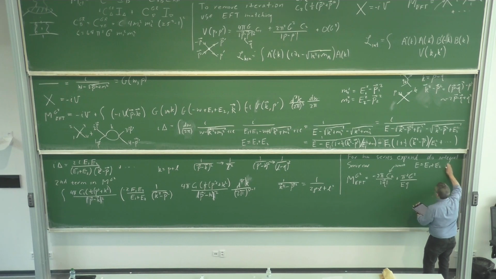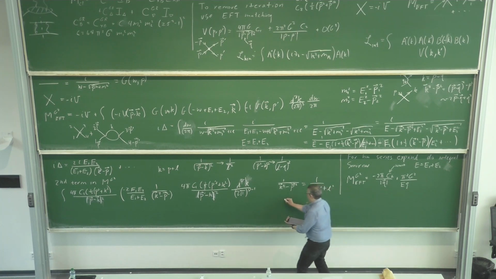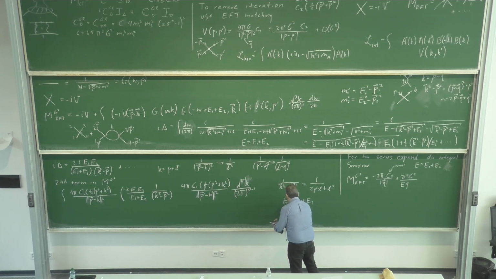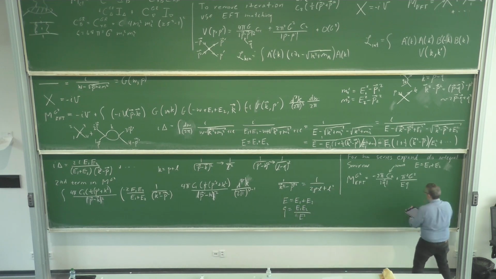This variable C, let me put it over here. So E is E1 plus E2. And then this variable C is going to be E1 E2 divided by E squared. It's just a way of writing it. Okay, so I just introduced that.